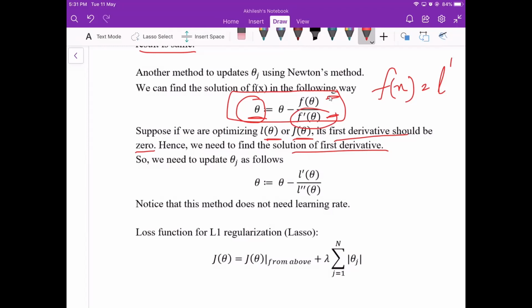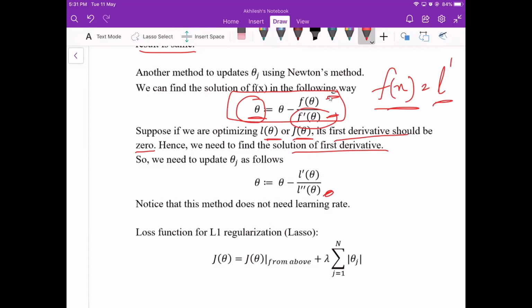So the f of x here would be the first derivative of the log likelihood, and the second derivative would be this, because we are either minimizing or maximizing. In either case, the first derivative of the likelihood should be 0, as we studied in calculus.